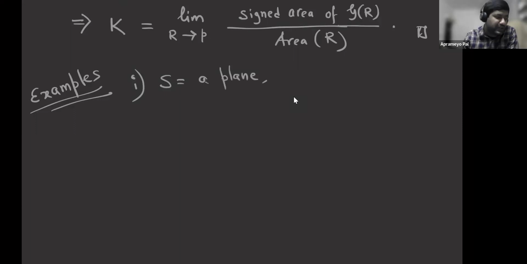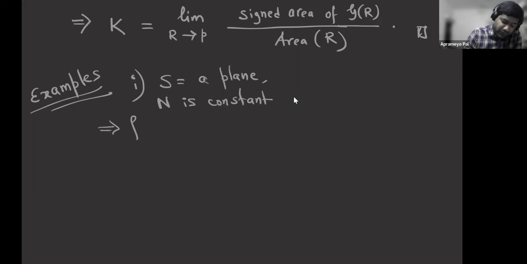Once you consider S to be a plane, the unit normal is constant, right? So that means if you take any closed disk R, or any small ball, then G of R is nothing but a point, because N is constant.